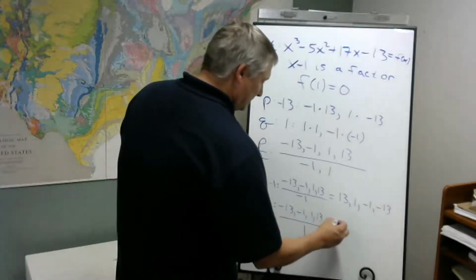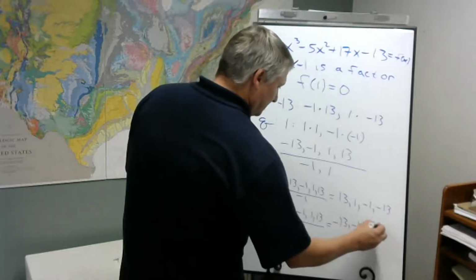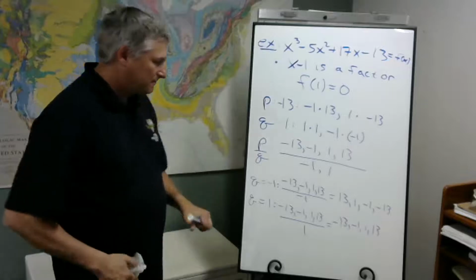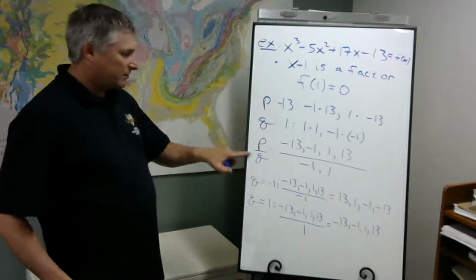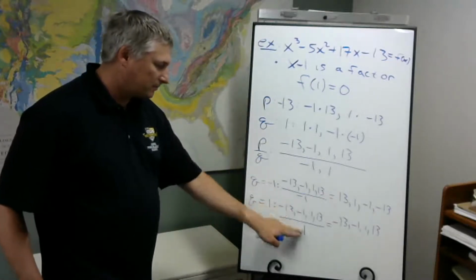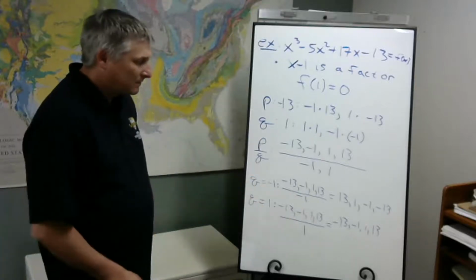And that just gives us -13, -1, 1, and 13. So these are the ratios, p over q, because q could be -1 or +1.